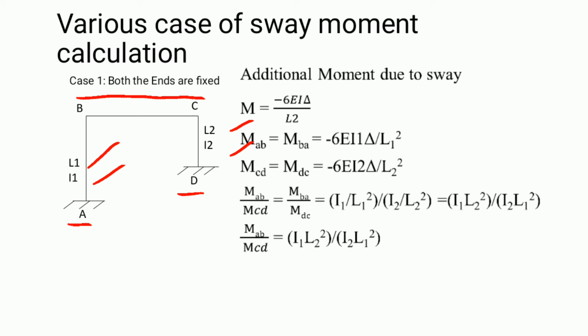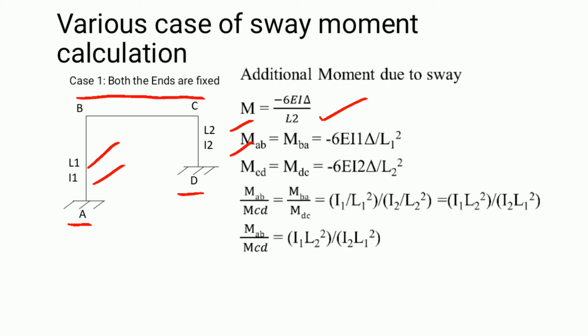So the additional moment due to sway when both the ends are fixed is equal to minus 6EIΔ divided by L square, wherein Δ is the amount of sway, that is the displacement of the portal frame, L is the length of the column member, E is the Young's modulus, and I is the moment of inertia of the respective column member.